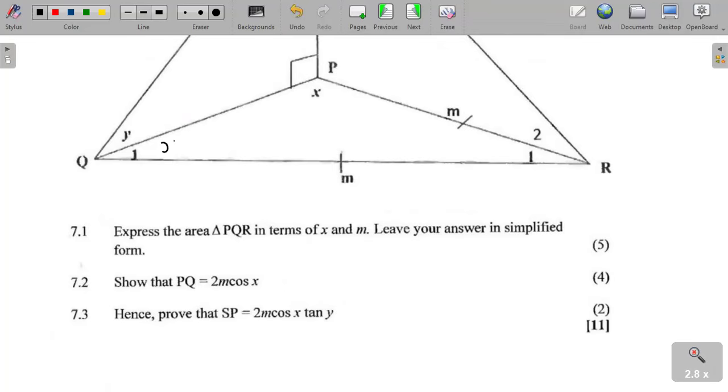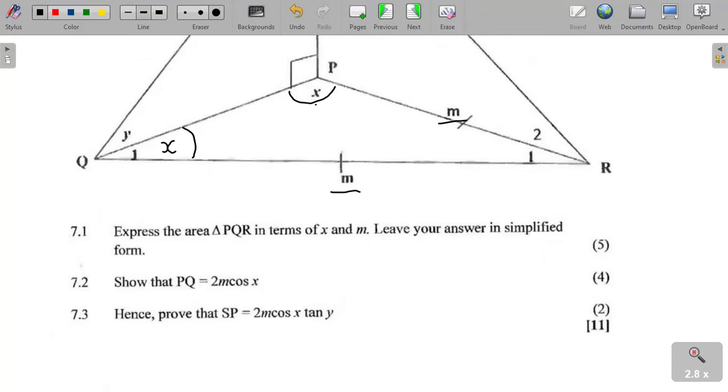So we have X here, then you have X here because they told us that this side is equal to that side. It means that this will be an isosceles triangle.